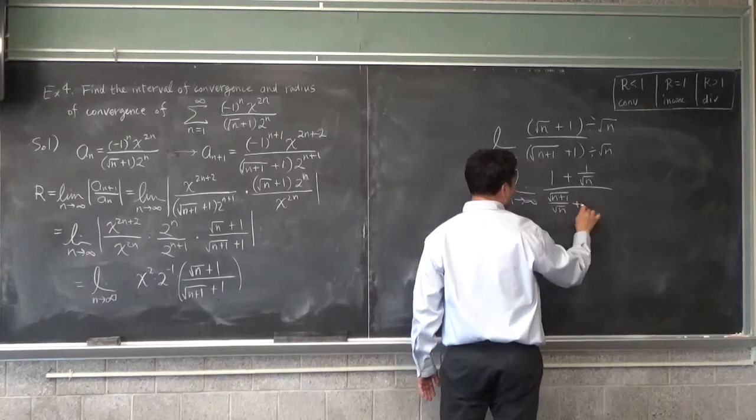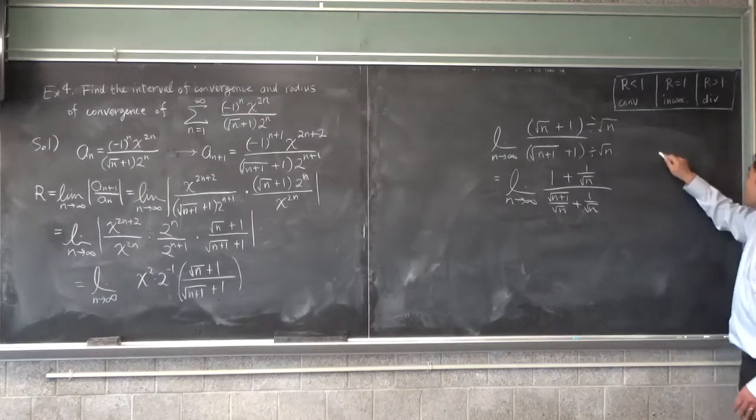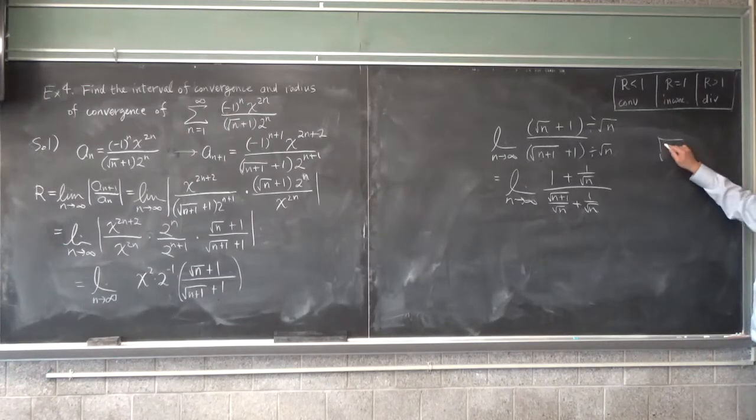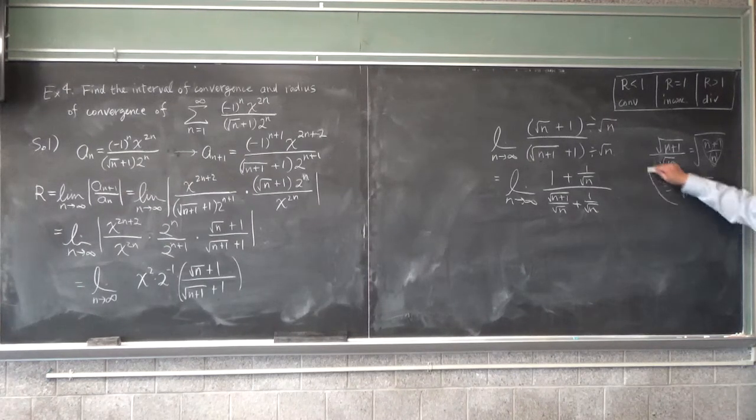And then you say, well, square root of n plus 1 over square root of n is the same thing as square root of n plus 1 over n. And you can split the fraction into 2. You get n over n, which is 1, and 1 over n, that's just 1 over n. So that's what you get.